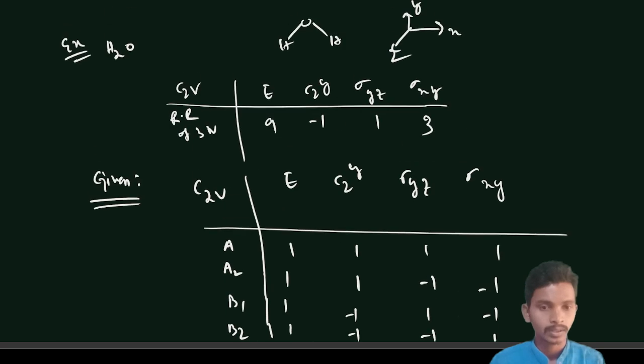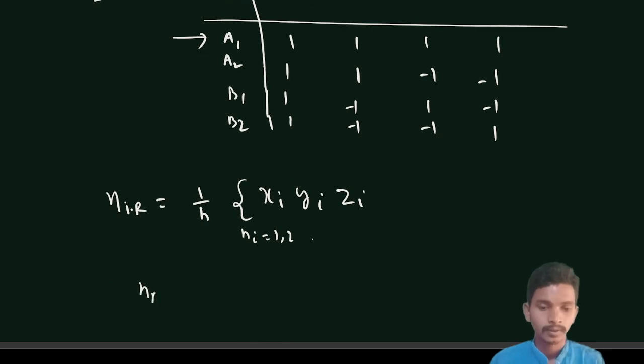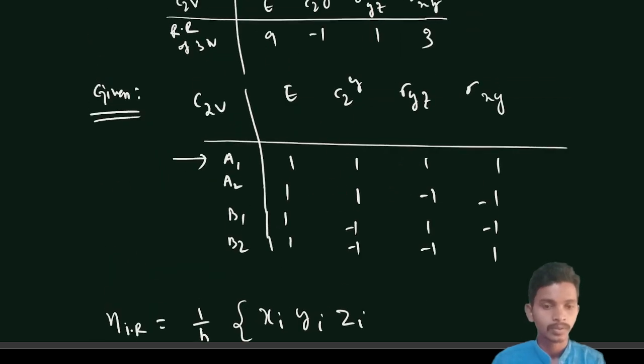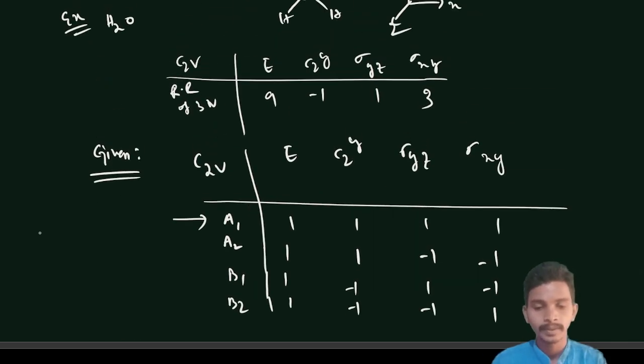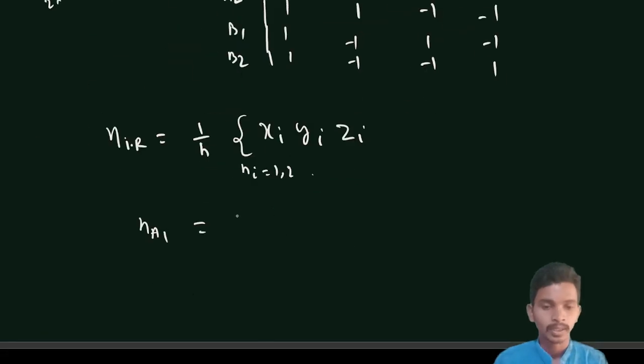First I will go for A1. For C2v, the order will be 2n, and n is here 2, so 2 into 2, that is 4. Order will be 4, so I will write 1 upon 4.